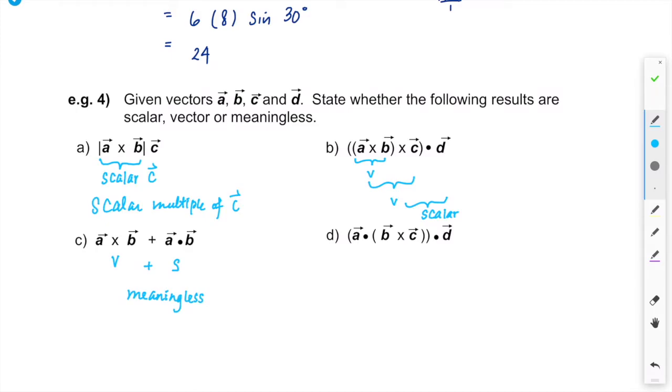I have A dot B cross C, so I have A dot a vector, okay, that's fine, dot D, all right. So A dot B, a dot product, gives me scalar. Scalar dot D. So this is different, right? The dot here means vector dot. So this is meaningless. Okay.